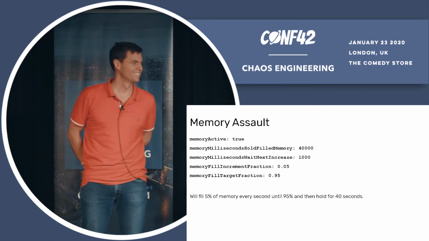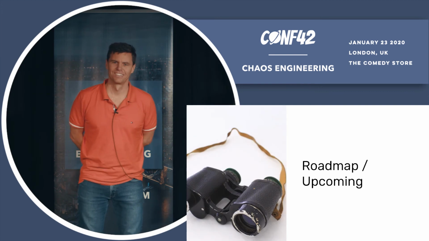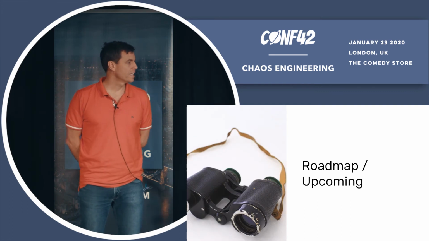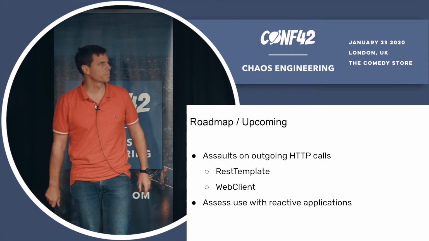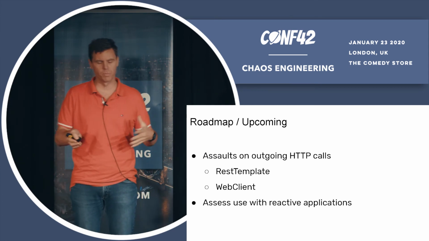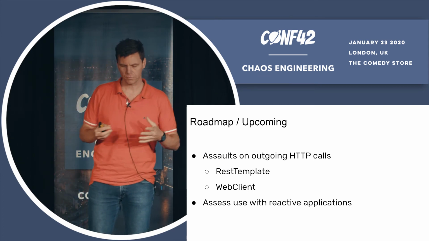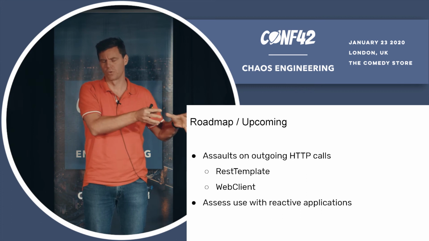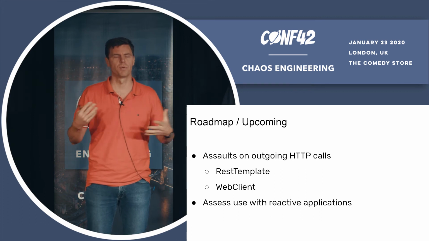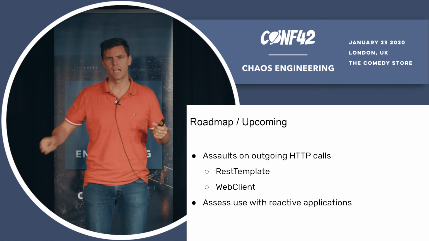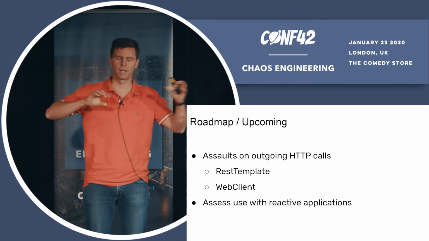Now, John is going to talk a little bit about the roadmap. So what's upcoming? We showed you a few demos, and to keep it simple, we kept it all inside one application. But obviously, one of the main things you're interested in is applications talking to each other over the network.